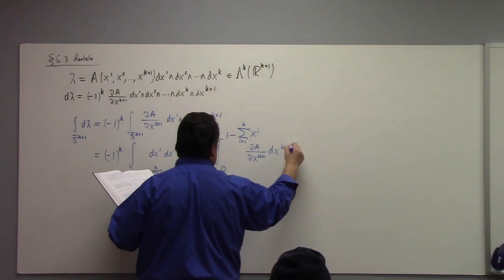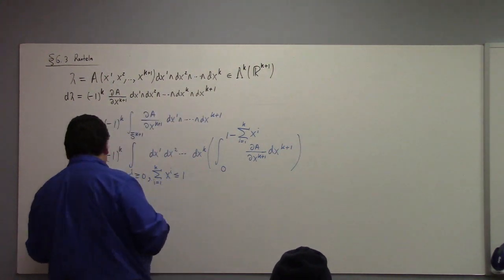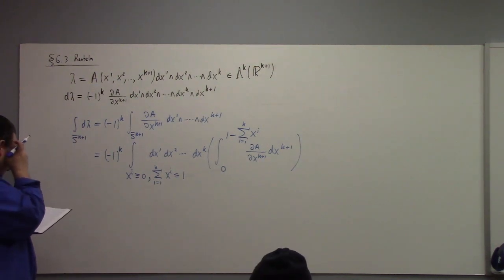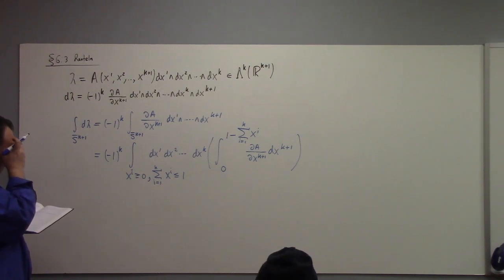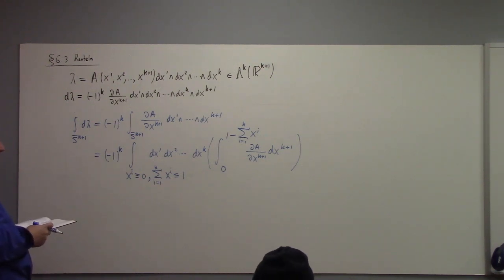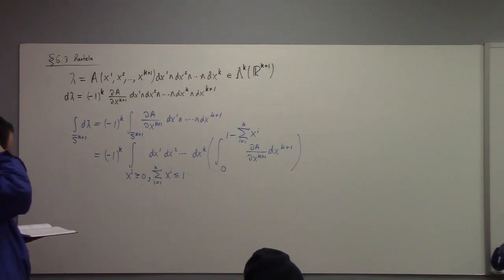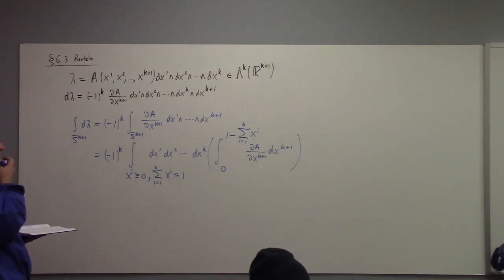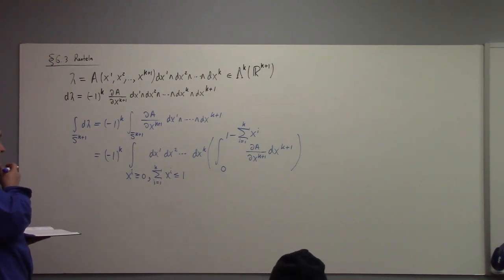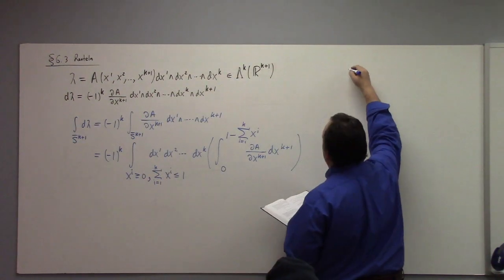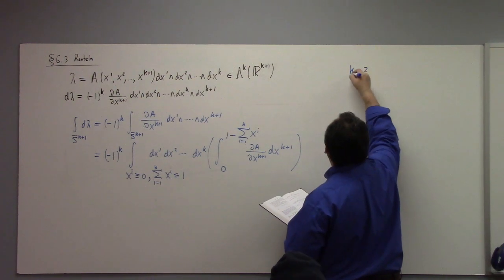So we dropped the wedges and we performed the iterated integral over the space. Let me foolishly attempt this for k equals 2.